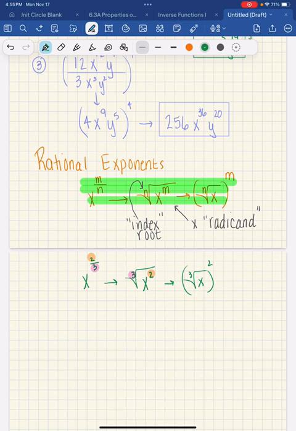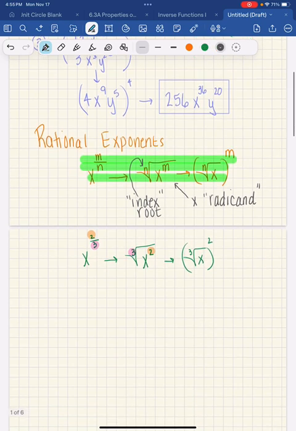Okay. Very common to know is square roots and cube roots. Square root of x. All right, you've seen that before when we've graphed it. We don't write it, but this is indeed the same thing as the square root of x to the first.